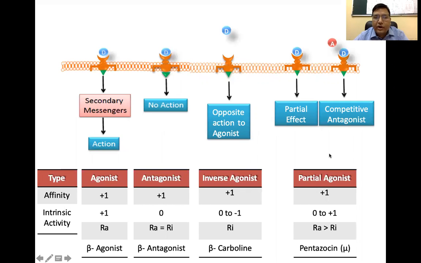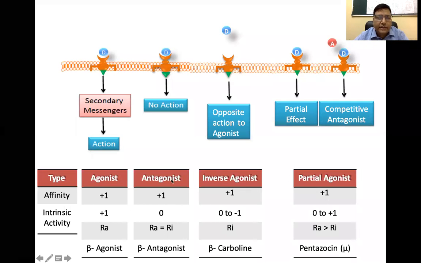So this is the summary of what I was talking about, agonist and antagonist. When the drug comes and binds to the receptor, secondary messengers are released which bind to the effector, and they are going to produce the action. In the agonist, the affinity is +1, intrinsic activity is +1. The receptor is basically in the activated state.